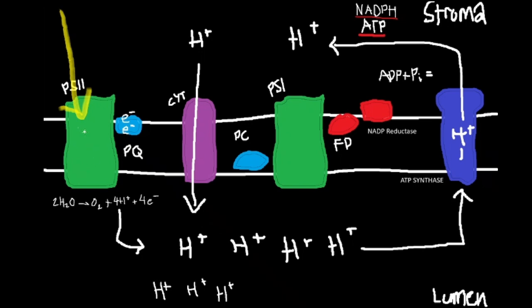The cycle goes over and over again. If there's no electron here, it's going to be gone, and it goes here. The other hydrogen ions are going to go to this lumen. It's going to be high concentration. If there's high concentration compared to the stroma, this is going to move here because that's the only way out, and it's going to spin this thing.